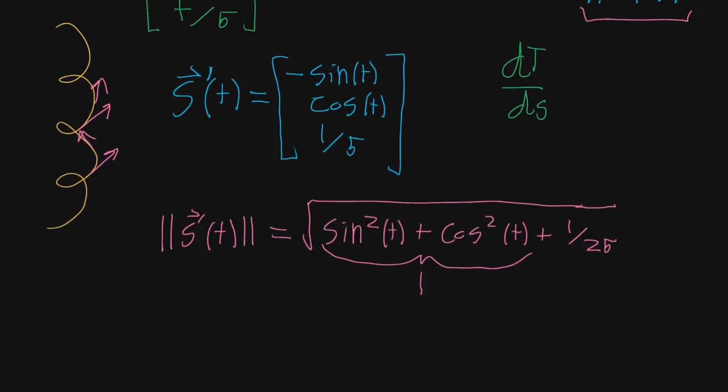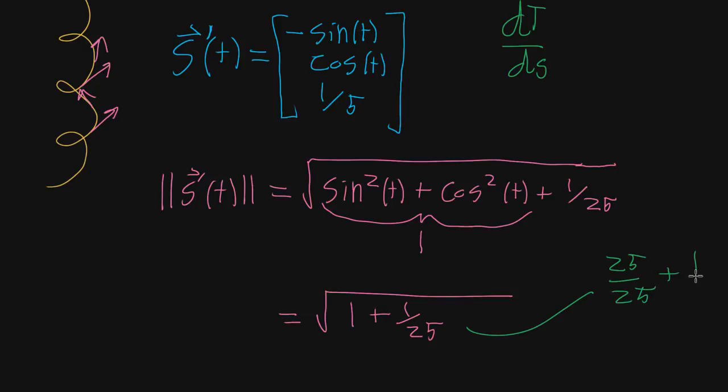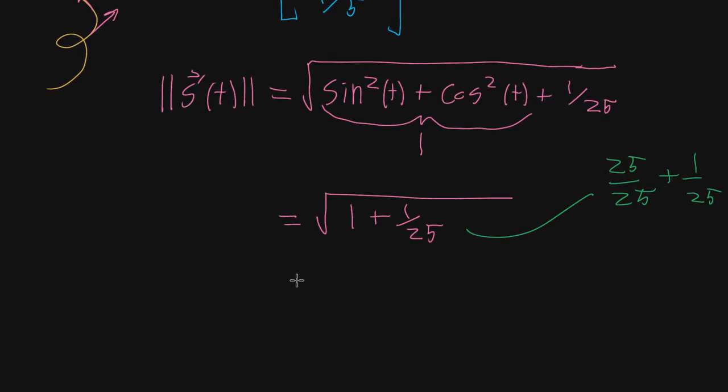So this entire formula boils down to the square root of 1 plus 1 divided by 25. And for this, you might kind of be thinking off to the side that that's 25 over 25 plus 1 over 25. What that equals is the square root of 26 divided by 25.